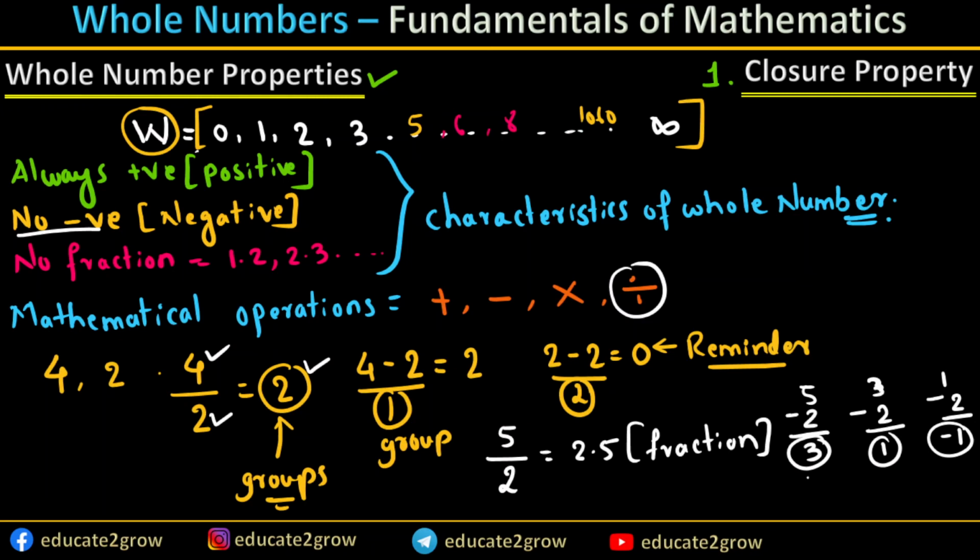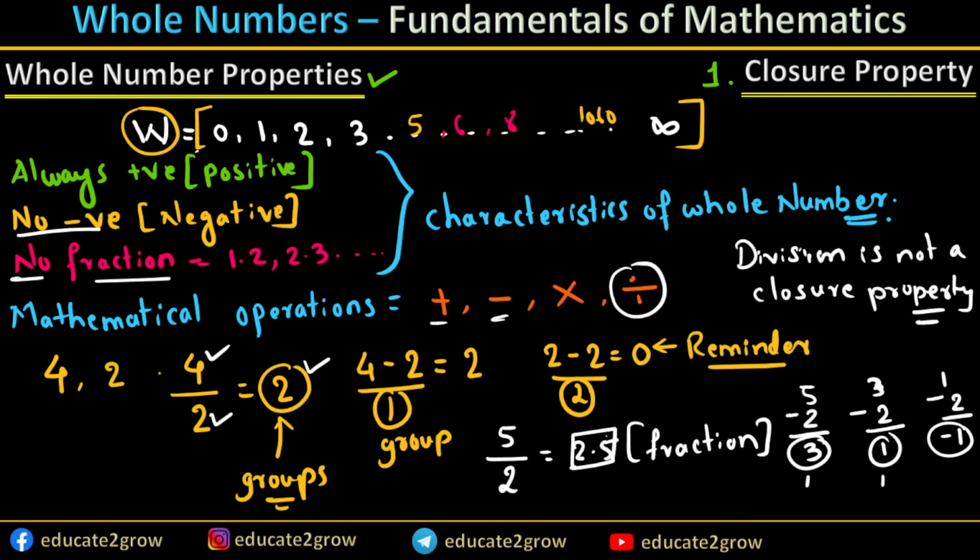Hence this is group 1, this is group 2, and here this will be 0.5, so that will be added here. This is just a calculation simplification I'm telling, and this is a fraction. What I'm telling here is, there is no fraction in the whole numbers, so it means this comes somewhere else in between, but we do not include fractions in the whole numbers. Hence division is not a closure property.